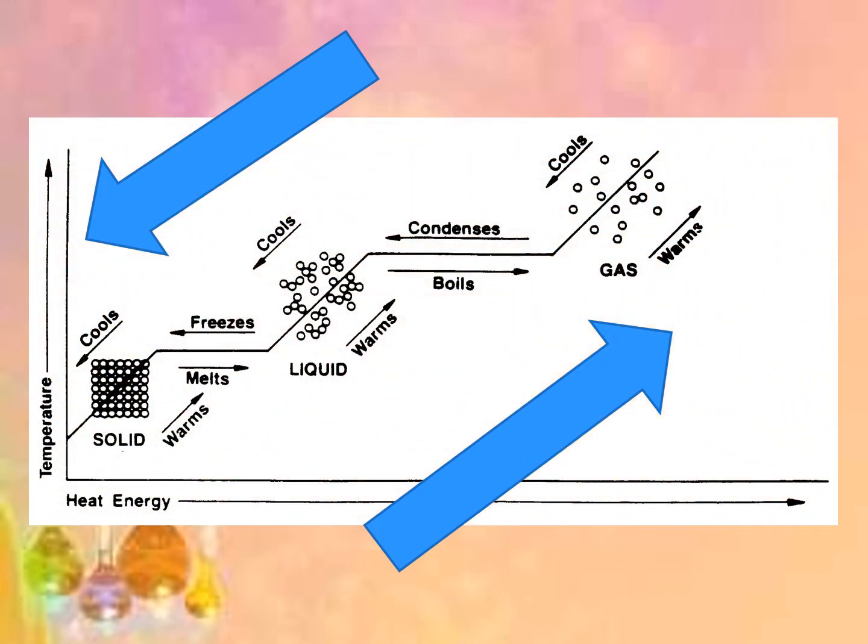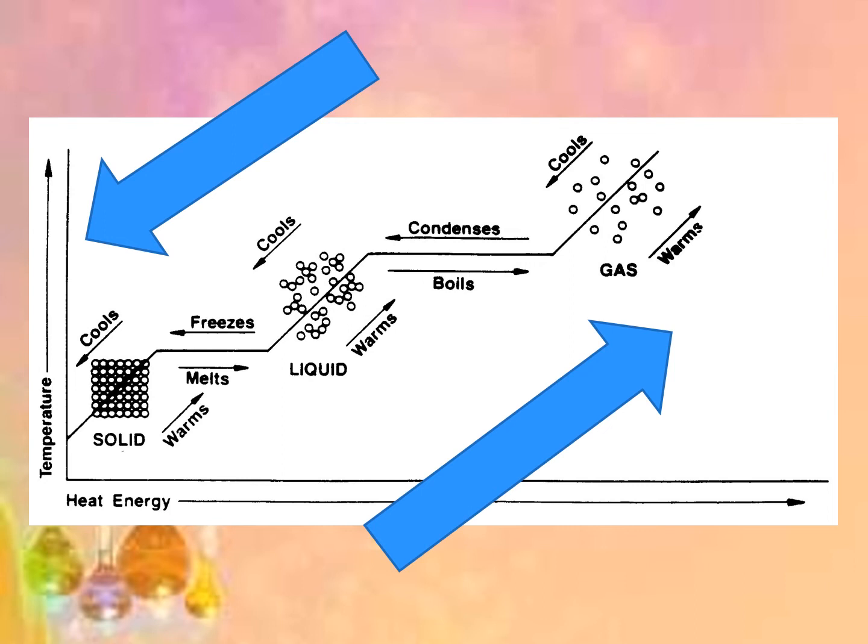This diagram shows the difference between endothermic and exothermic change. Class, endothermic change is a change when energy is absorbed by a certain state or phase. That is represented by a blue arrow that goes up.